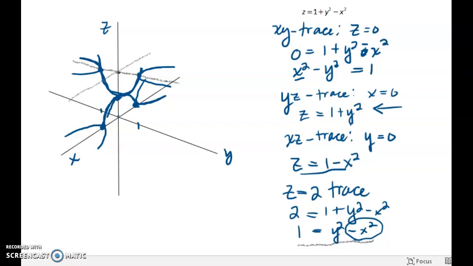We got a lot going on here. But I think we can piece it together now. So the top part, cutting it off here at the plane z equals 2, consists of a hyperbola, two branches.